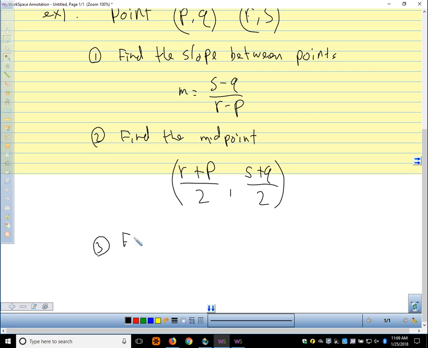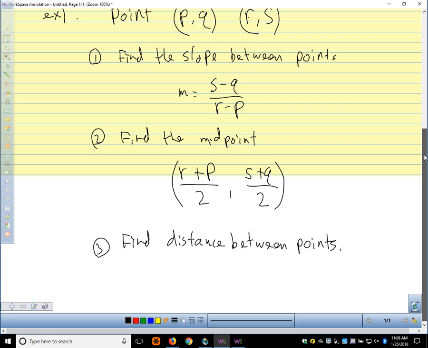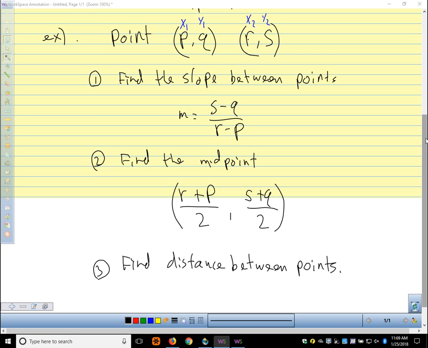If we wanted to find the distance between the points, so those are at the vertices of a side of a polygon, something like that, and we want to find the length of the side, that's the distance between the points.